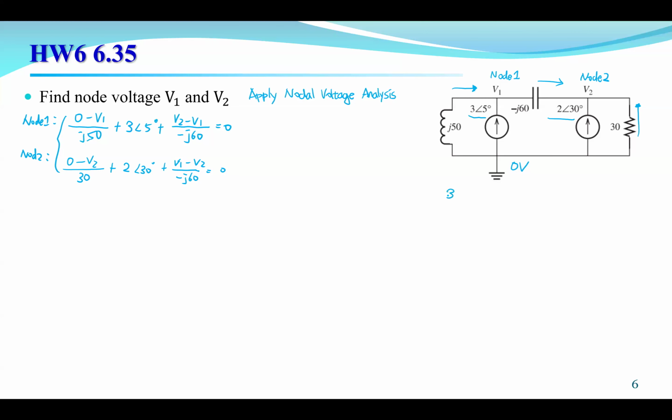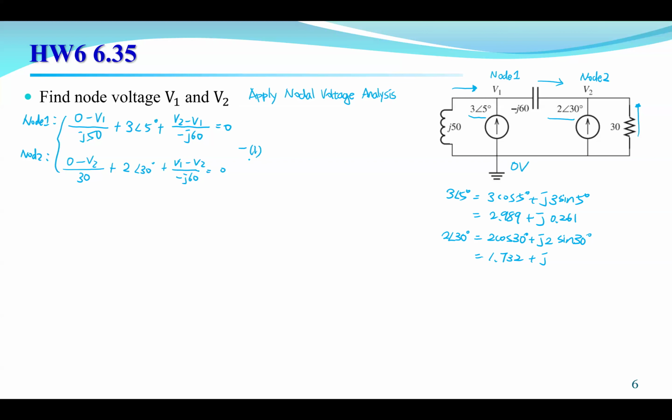So 3 angle 5 degrees equals 3 cosine 5 degrees plus j3 sine 5 degrees, which is 2.989 plus j0.261. And 2 angle 30 degrees equals 2 cosine 30 degrees plus j2 sine 30 degrees, which equals 1.732 plus j.